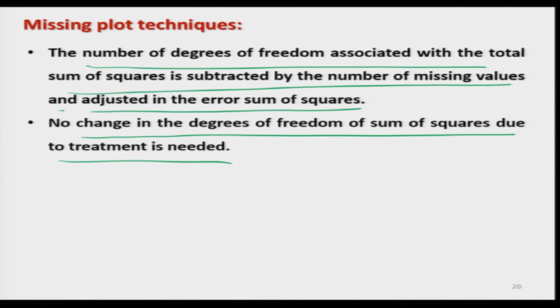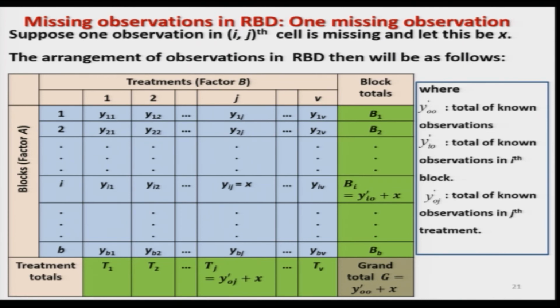So, these degrees of freedom are going to be adjusted between the total sum of squares and the error sum of squares. How, I will try to show you here. So, now let me take a couple of examples.